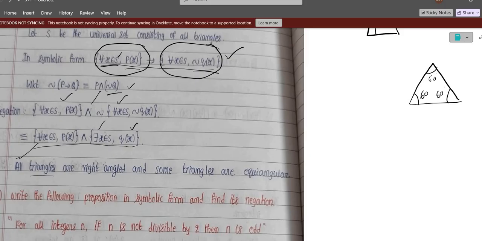P of x is triangles are right angle. And is there. I am writing and. There exists indicates, replace there exists with some. Q of x is triangles are equiangular. That's why the negation of given statement is all triangles are right angles and some triangles are equiangular.